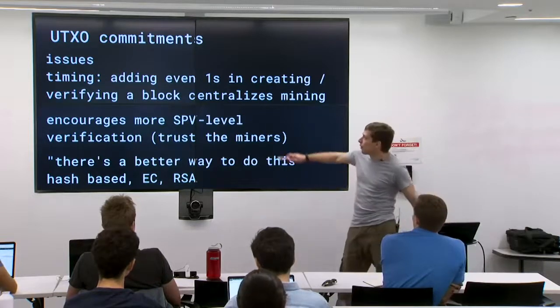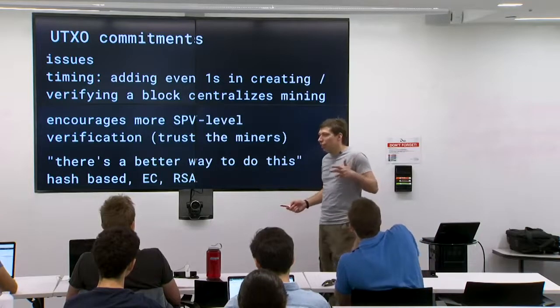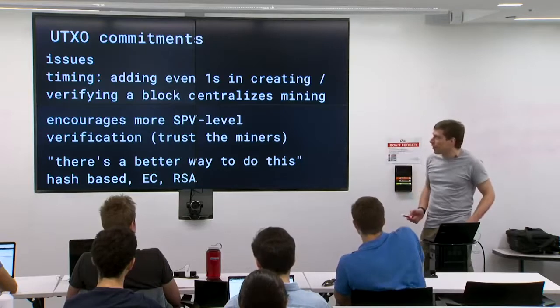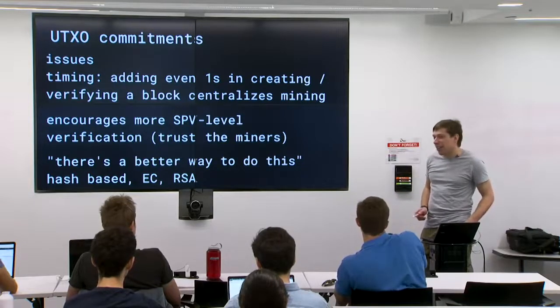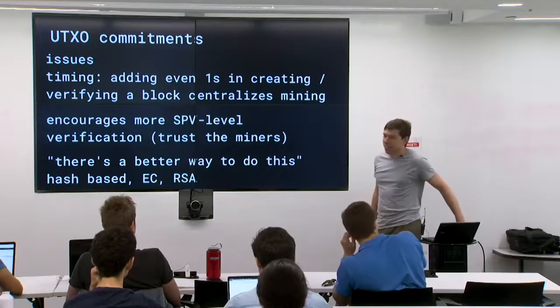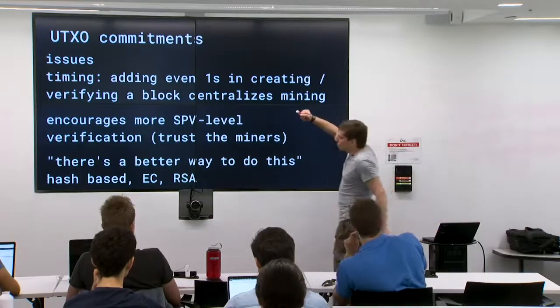I ran up against this because I had this fun idea where you could half aggregate Schnorr signatures within a block and do it non-interactively. It was really cool, and I'm pretty sure it works, but it added like 3 seconds to block verification. So that killed that idea. So one of the issues: timing.